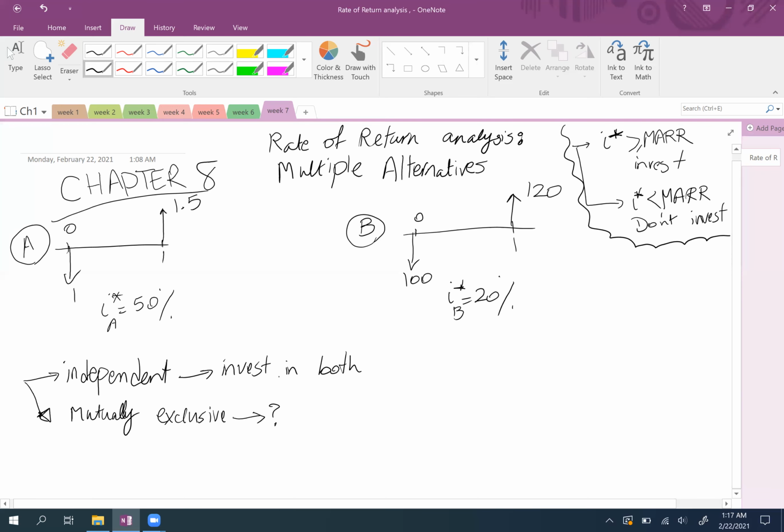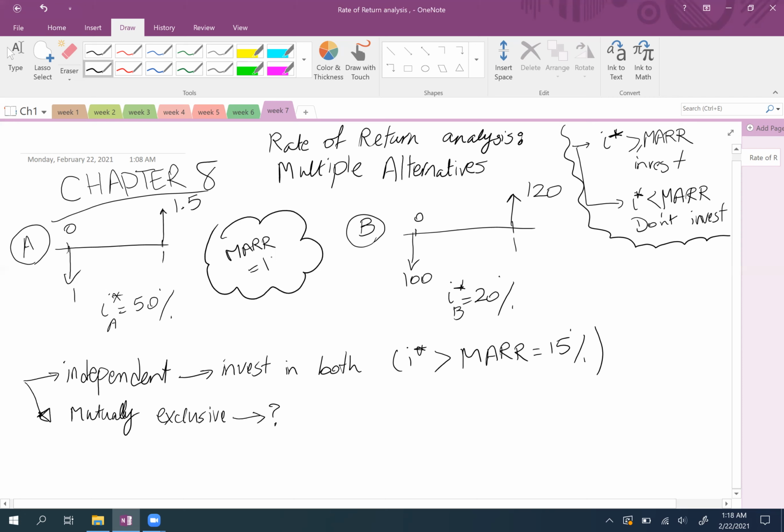When the projects are independent, I will select both because their rate of return in both scenarios is greater than the minimum attractive rate of return, which I assume is, for example, 15%. Something I should have emphasized here is that MARR is the minimum rate that attracts you as an investor, for example 15%. If your MARR is 15%, you will accept investing in both alternatives.